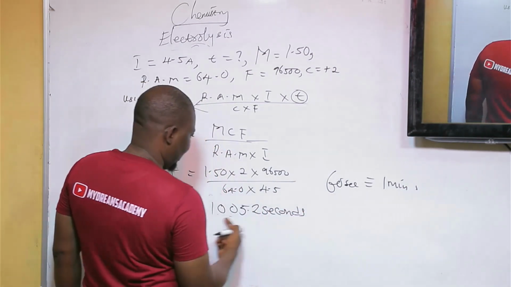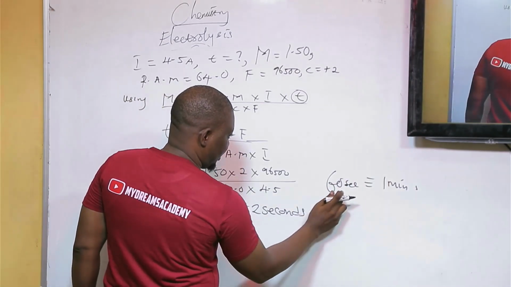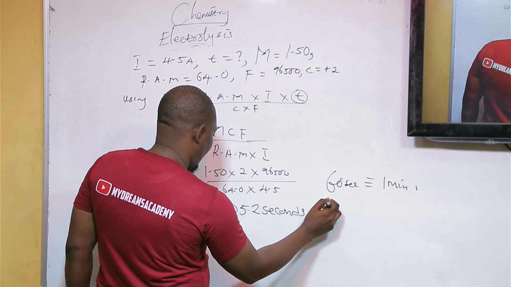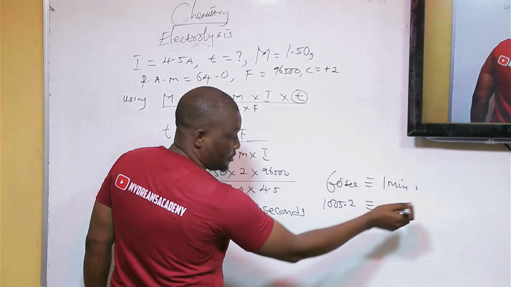Where will you write this one here? Under the seconds, isn't it? So if 60 seconds is 1 minute, then 1005.2 seconds is equivalent to what in minutes?